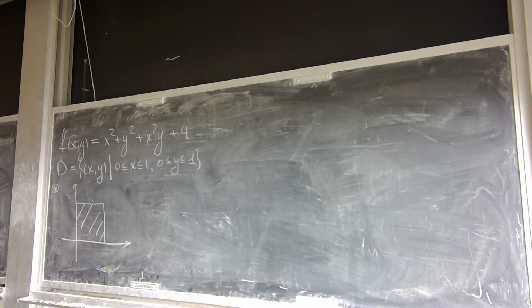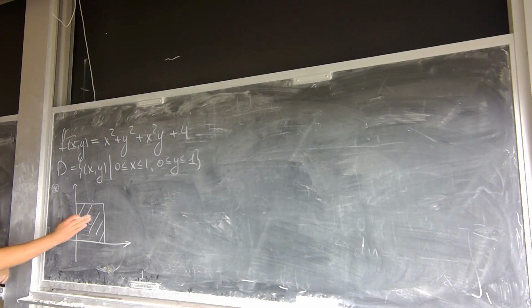Right now, let's analyze what we want to do. First, we want to find the absolute maximum and minimum on this region. Here we need to do two things. First, we need to find local maximum and minimum, so you need to find the critical points of the function. Some critical points might be inside, some going to be outside. What do you do with critical points outside? You throw them away.